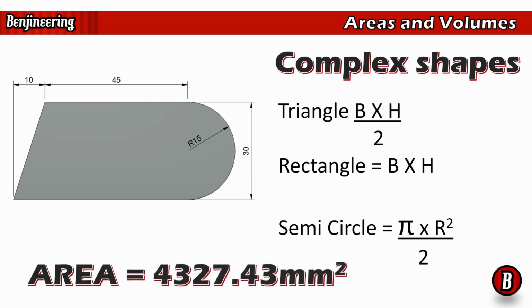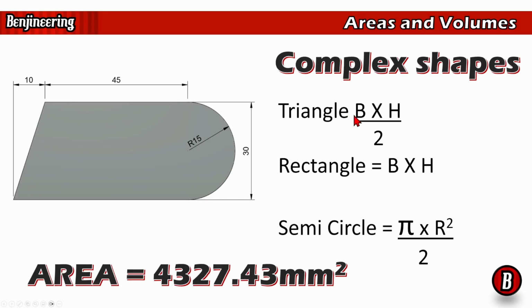So the answer to this is 4,327.43 millimeters squared. If you've got the same number or very close, it may not be quite the same depending on your rounding, then well done. If not, then just check your process. So what we'll do is we'll have a look at this. This is 10 wide and 30 tall.